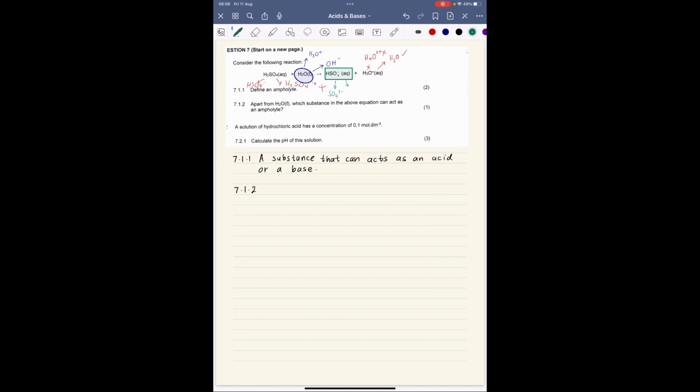It can add one more H and exist back as it used to, H2SO4. So apart from H2O or water, the other substance that can act as an ampholyte would be HSO4 minus. You can go through this whole process of elimination like I did here.